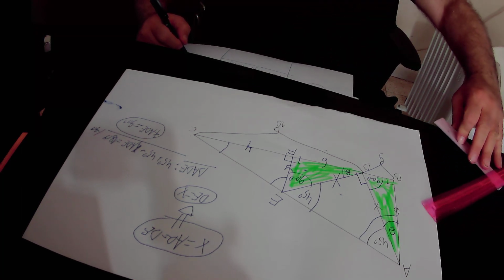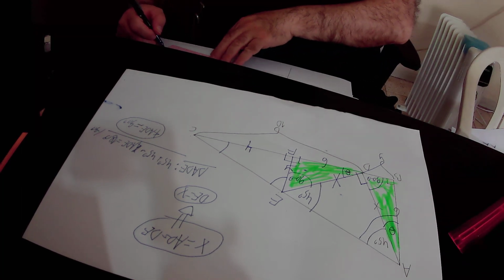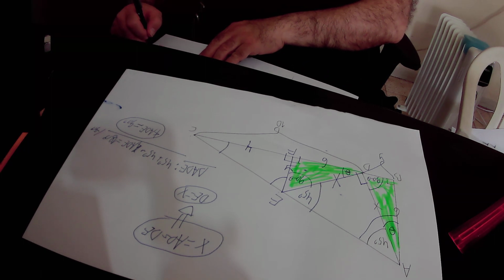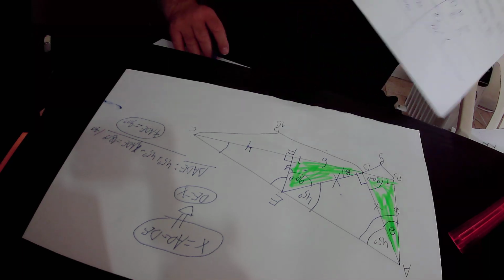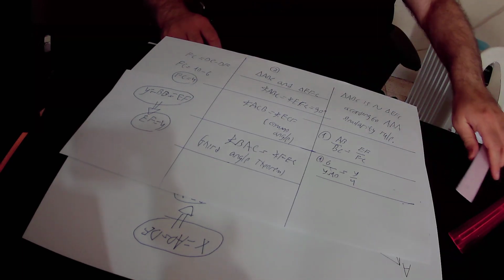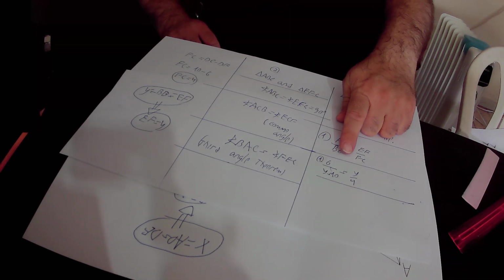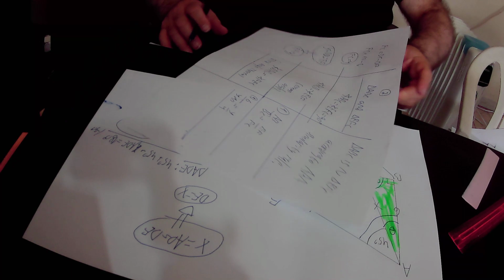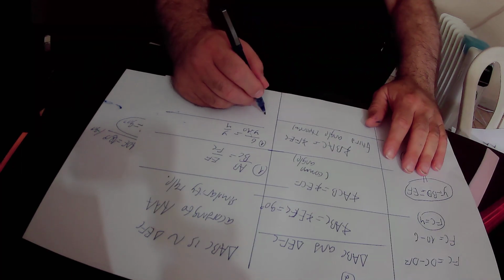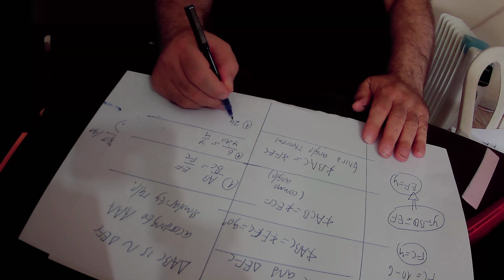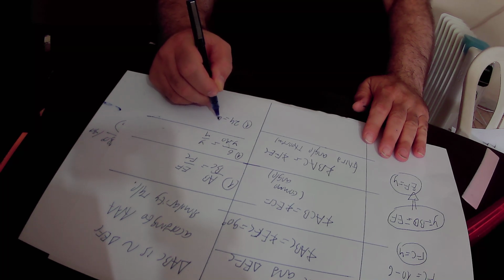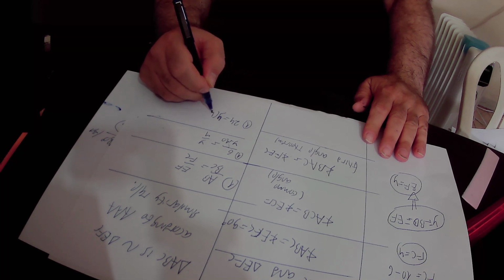So in conclusion, we found that according to equation number 1, 6 over Y plus 10 equals Y over 4. Here we'll cross multiply equation number 1, and we get 6 times 4, which is 24, equals Y times Y plus 10.